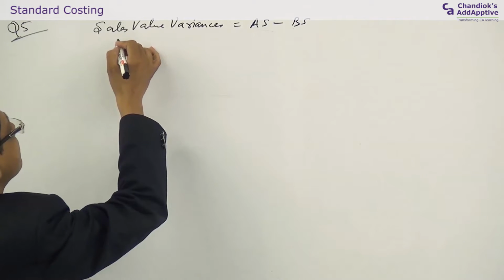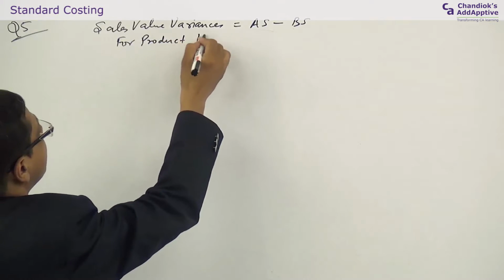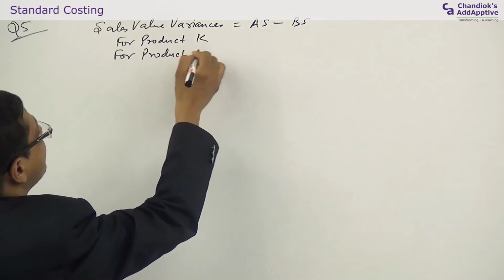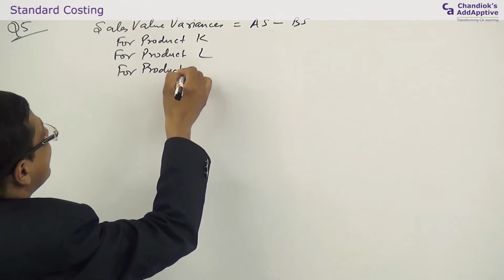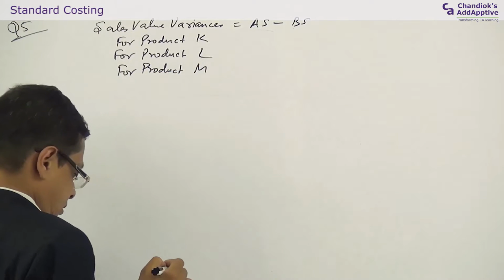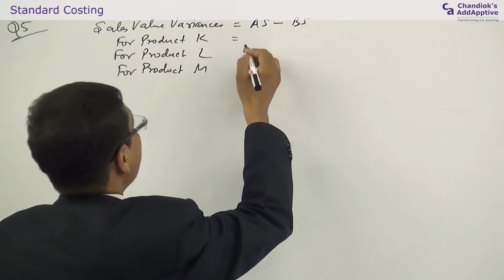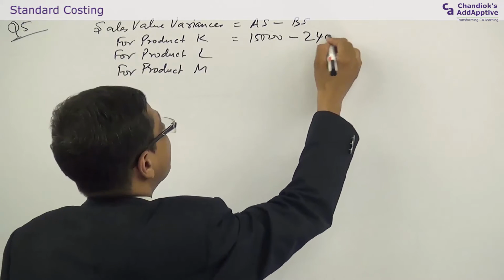So, for product K, for product L, for product M. This is how we find it, 15,000 minus 24,000.